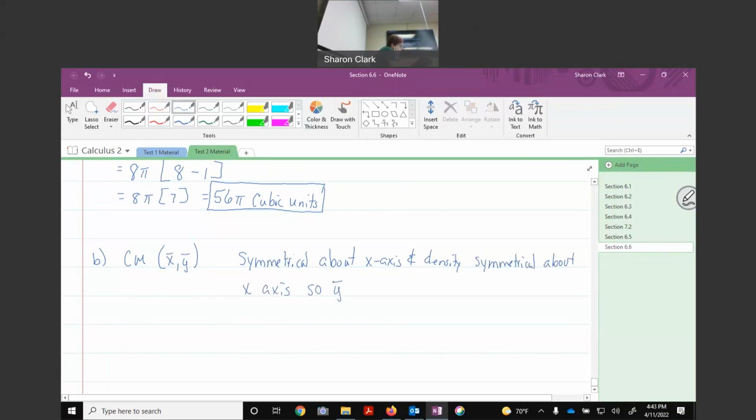So y bar equals 0. All right. Length equals 3 over the square root of x minus negative 3 over the square root of x, which is 6 over the square root of x. Width is dx.